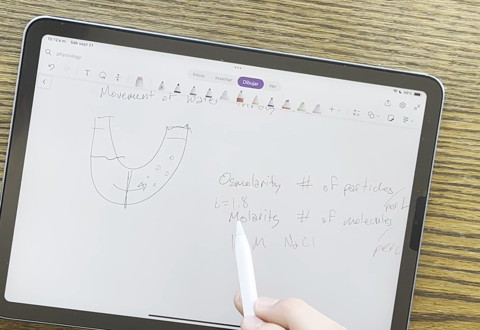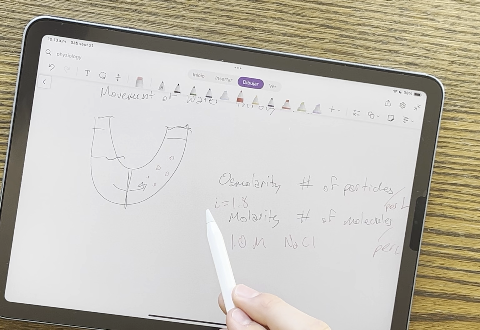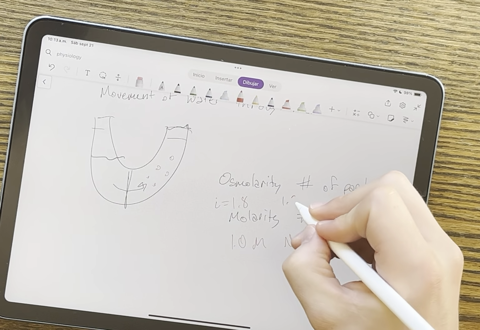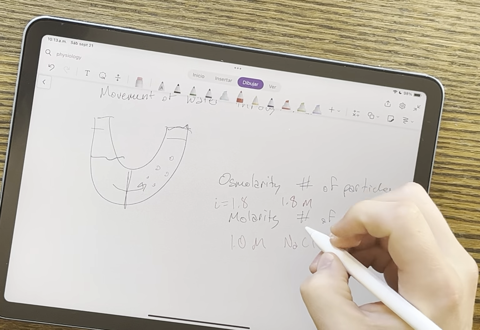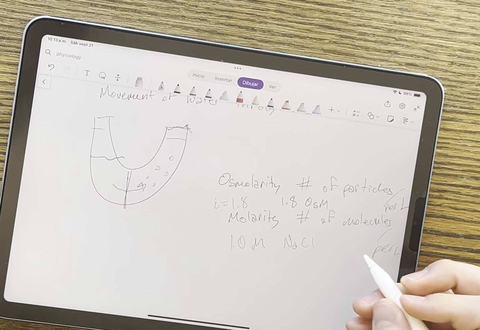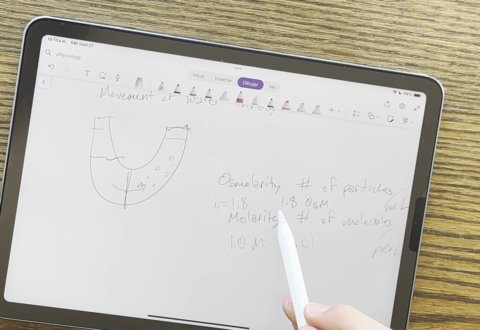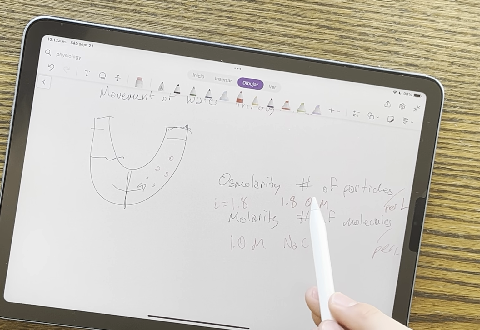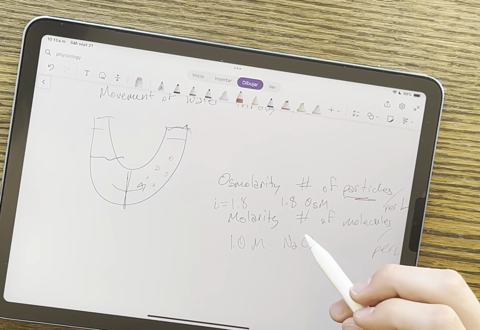So it multiplies the i constant, the dissociation constant, with the molarity to become 1.8 osmolar. So in this situation, it accounts for the dissociation of certain products, which is very important because the number of particles is what the water is going to follow, right? So we'll give some examples of that in a minute.